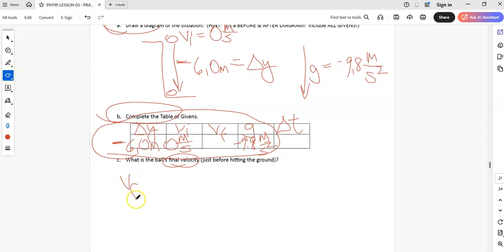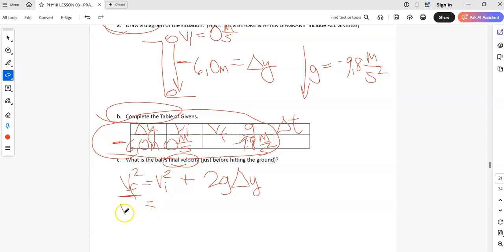So we have Vf squared equals Vi squared plus 2 times g, in this case g, times our vertical displacement. And now we can stick numbers in. We are solving for this value, and we know all the other values.